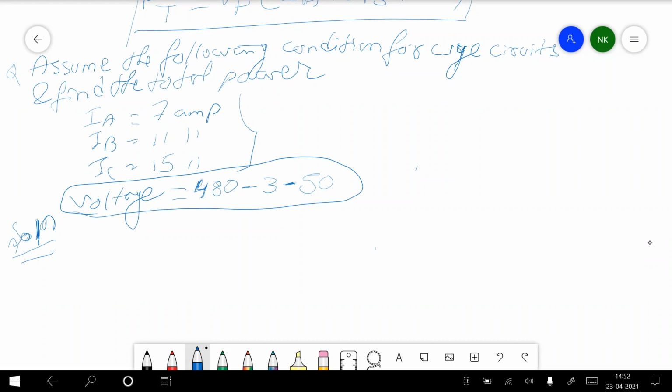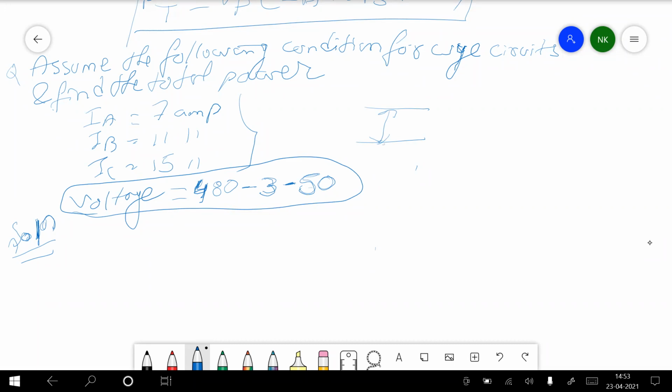Yeah, fine. Is it the phase voltage? 480, 3-phase and 50? It is your line voltage, the voltage across these lines. Whenever you see this notation, keep in mind it is the voltage across the three lines.